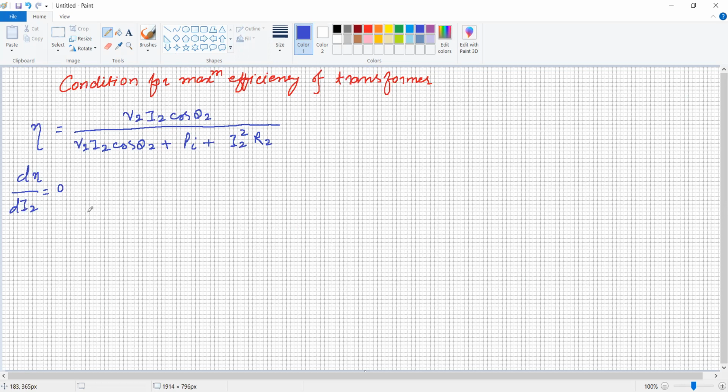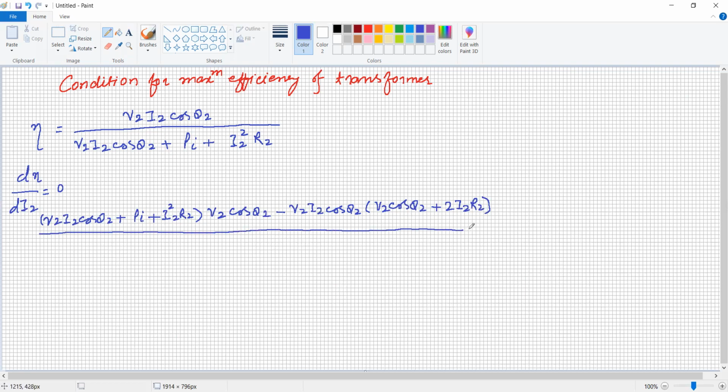So the equation becomes: V2 I2 cos theta 2 plus Pi plus I2 square R2 in brackets, multiplied by the derivative of the numerator, V2 cos theta 2, minus V2 I2 cos theta 2 as it is, times the derivative of the denominator, V2 cos theta 2 plus twice I2 R2, divided by the square of the denominator.